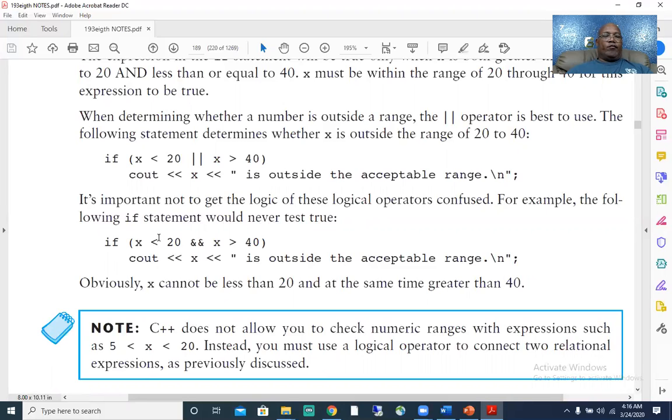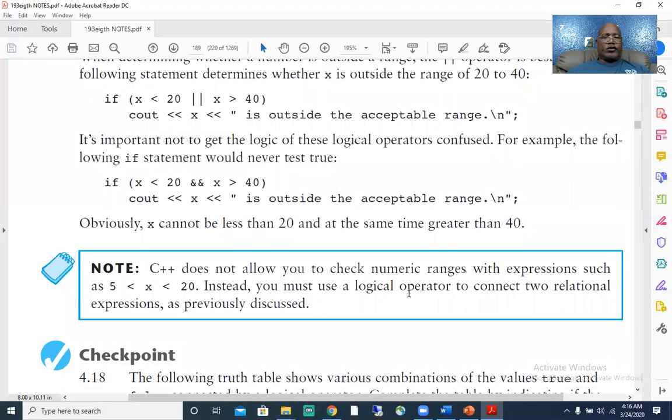Remember with and, both sides have to be true. So a number like 10 is less than 20, but the number 10 can never be greater than 40. So you'll never perform that and condition. So you have to be mindful. Obviously x cannot be less than 20 and at the same time greater than 40.